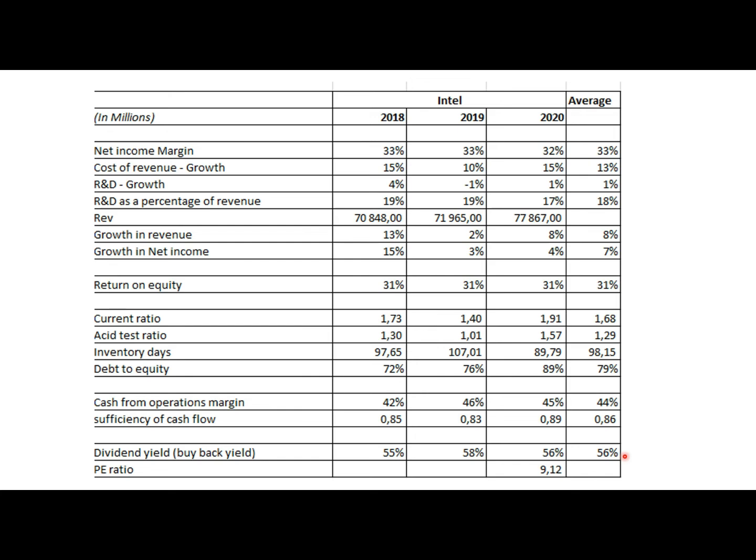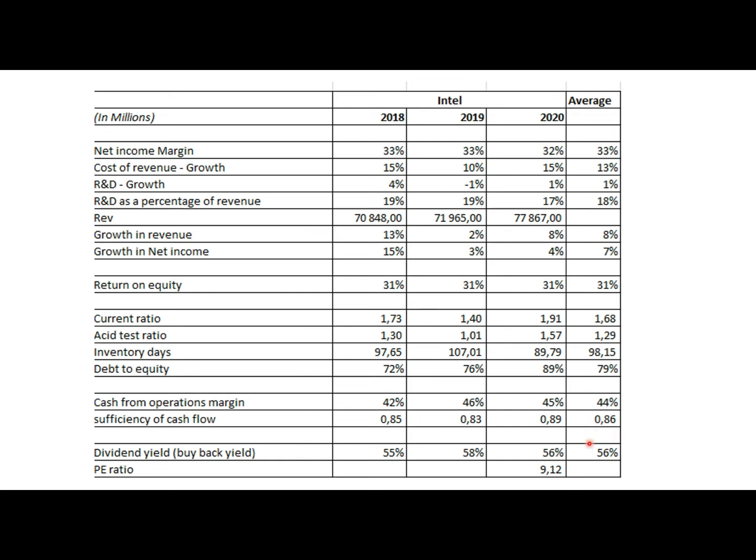Even if Intel can cut its returns to shareholders, and I mean the stock will get hammered, it will get punished, just to boost its available cash on hand, sufficient cash flow is still very good. It's still decent. It's outperforming the market.